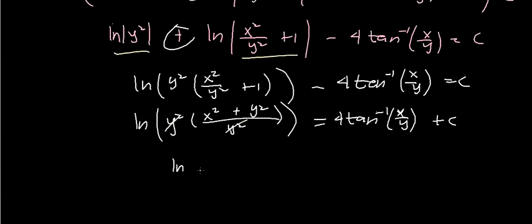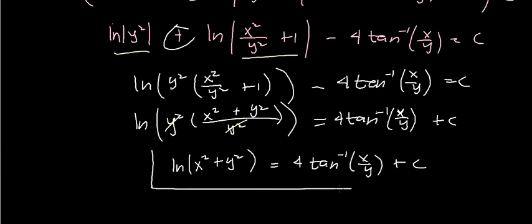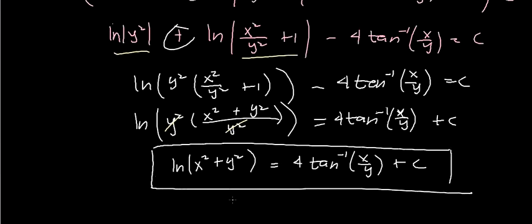So we have ln of (x squared + y squared) is equal to 4 arctangent of x over y plus c. This can now be our solution.